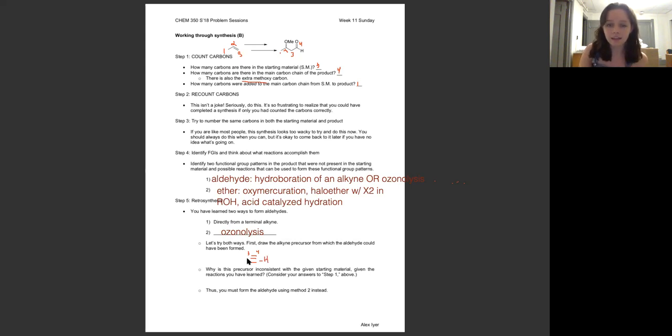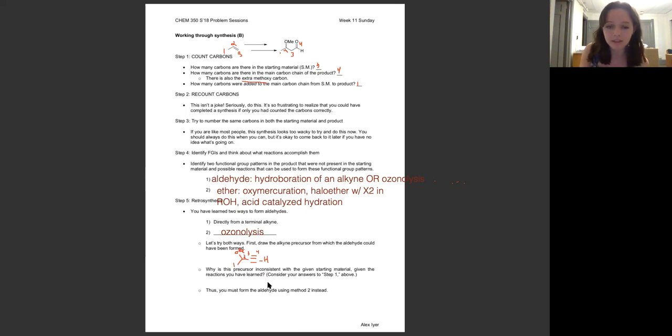And then carbon 3 has to be attached to carbon 2 and carbon 1. And carbon 2 is going to be attached to my methoxy group. All right, that's great.